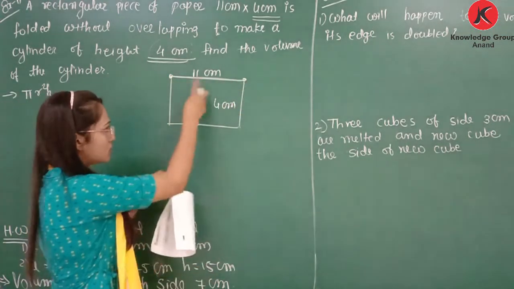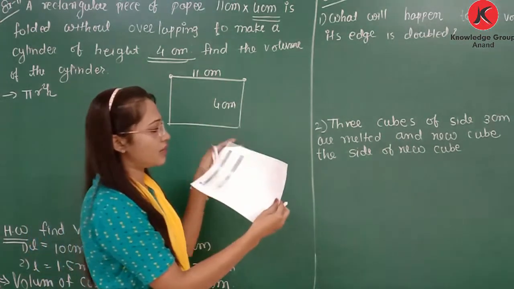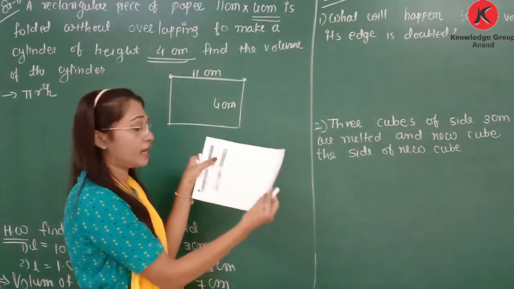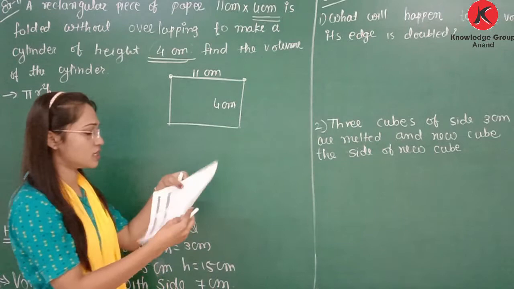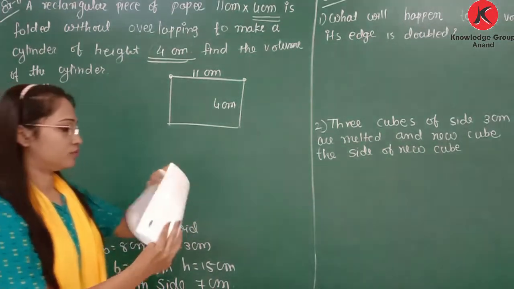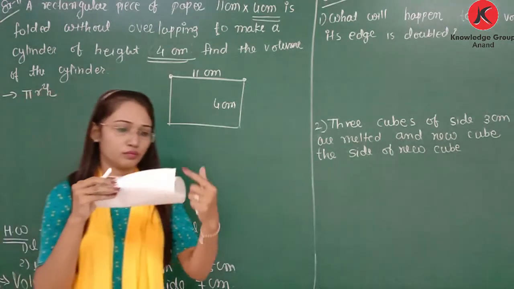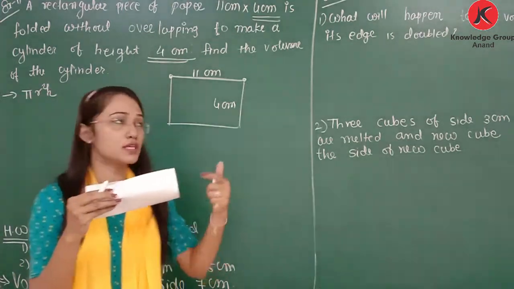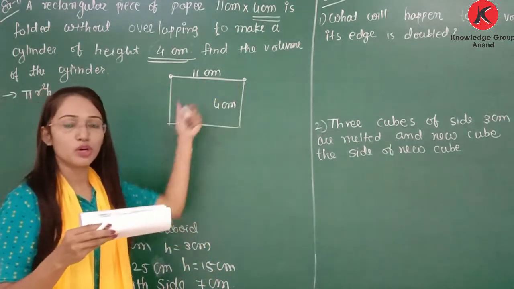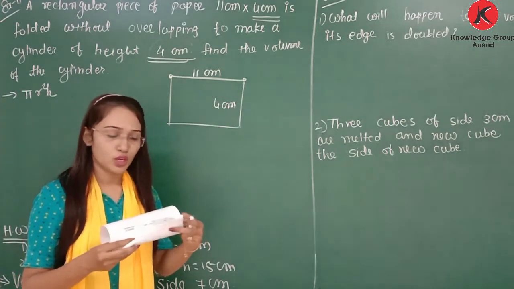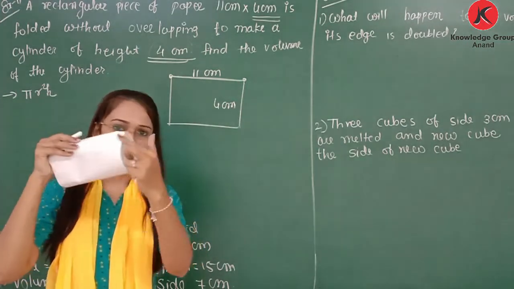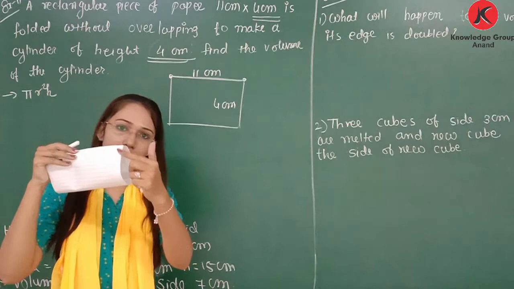If you fold this into a cylinder, this length will be the perimeter of the circle, and the perimeter of the circle is the same as 11 centimeter because it is not overlapped.